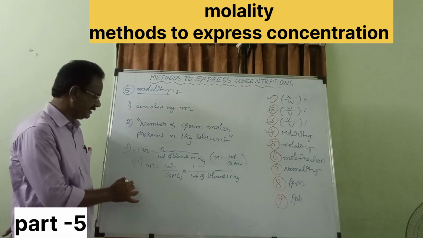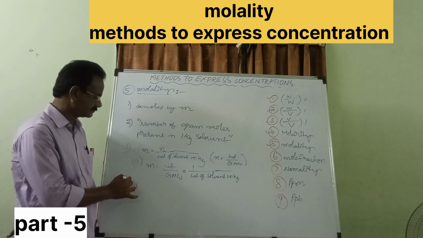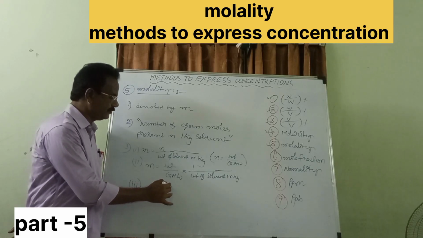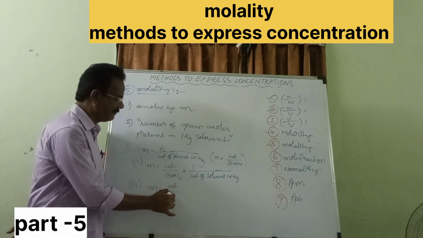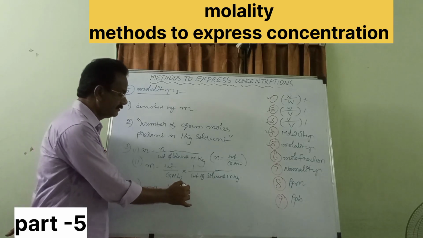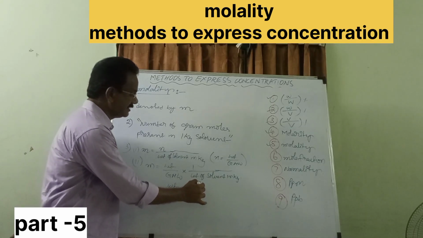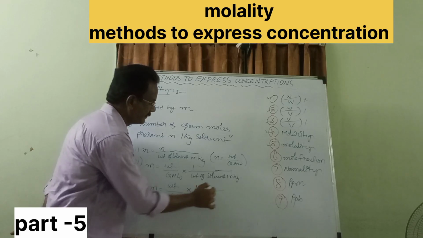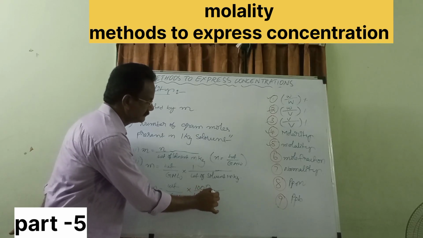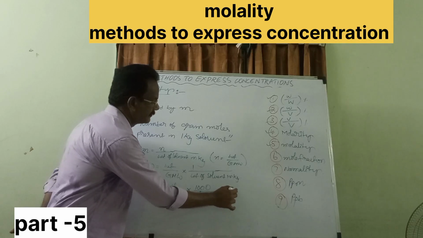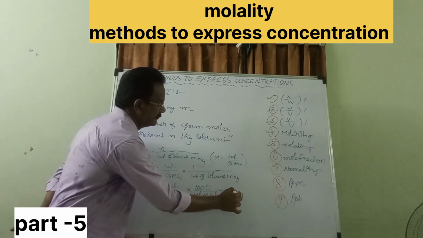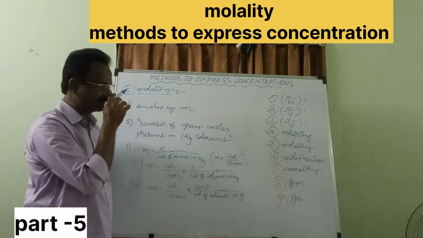The third form is small m is equal to weight by gram molecular weight into 1000 by weight of solvent in grams.